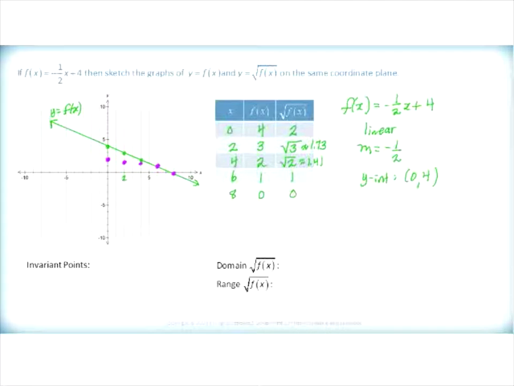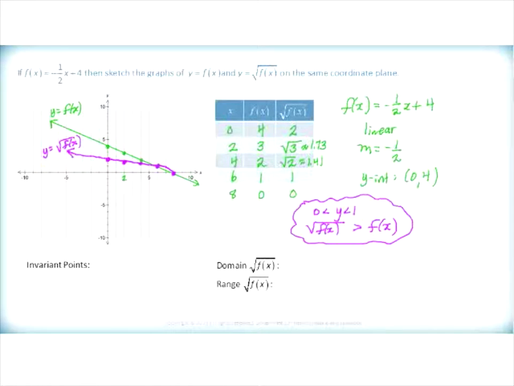Connecting these points, again, remember that between y equals 0 and y equals 1, the graph of the square root function will be above or greater than the graph of the original function. So the sketch of the graph of the square root function looks something like this. That represents the graph of y equals the square root of f of x.